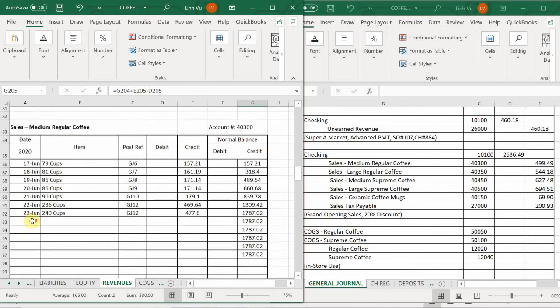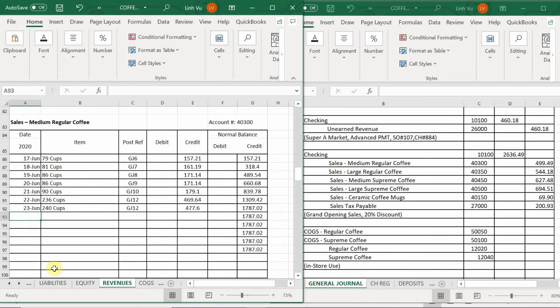How many cups of the medium regular coffee did we sell? 251. $499.49. Give me a balance of 2,296.51. Correct. Okay, then we move to the large.